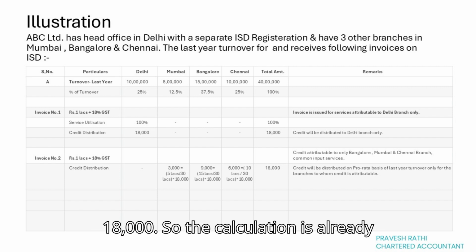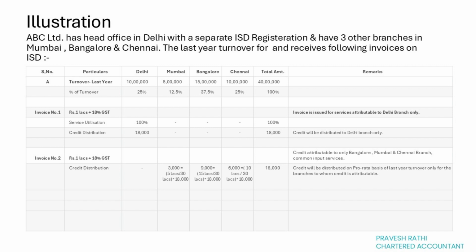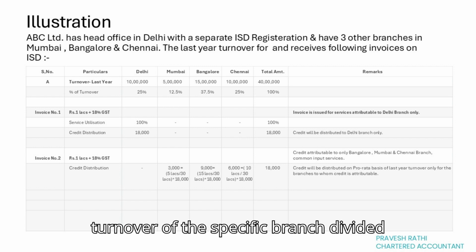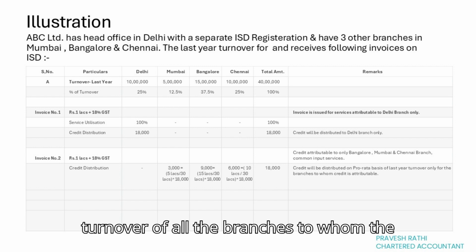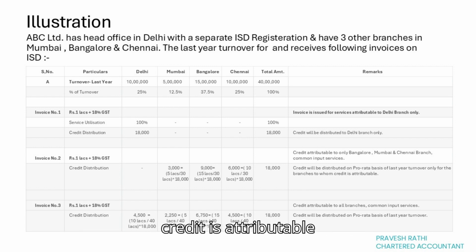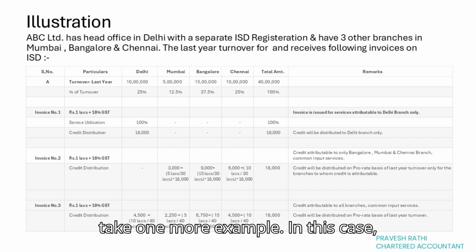The calculation is already given. The concept is turnover of the specific branch divided by the sum of turnover of all the branches to whom the credit is attributable, multiplied by the total input tax credit. Let's take one more example.